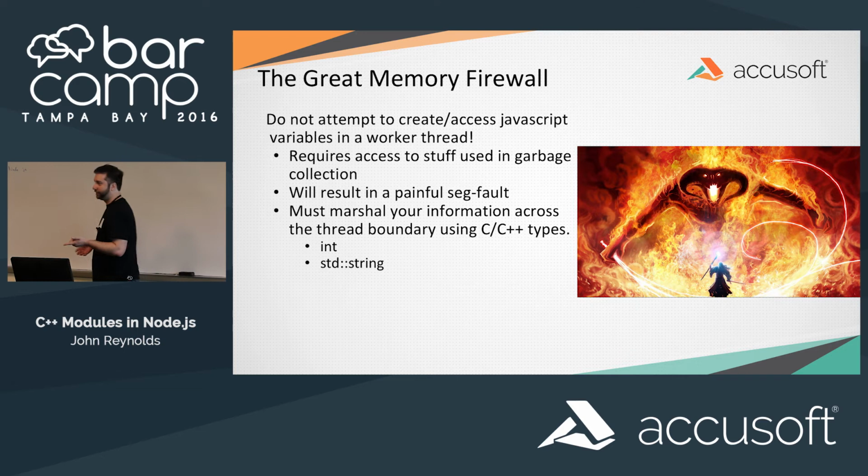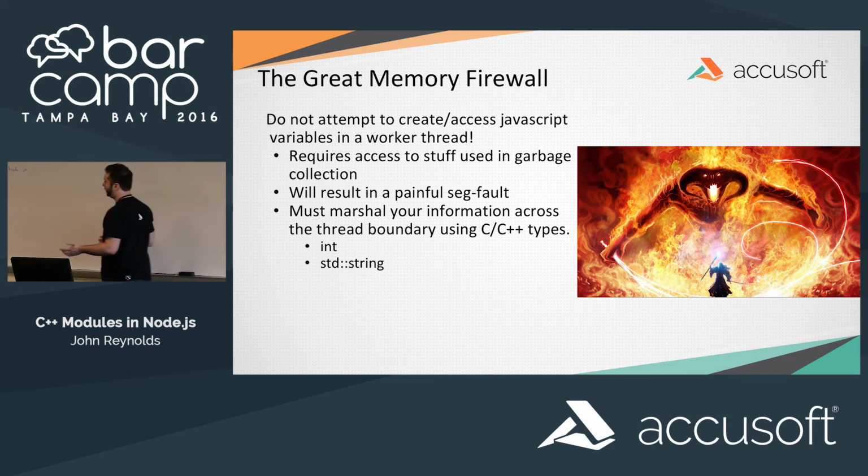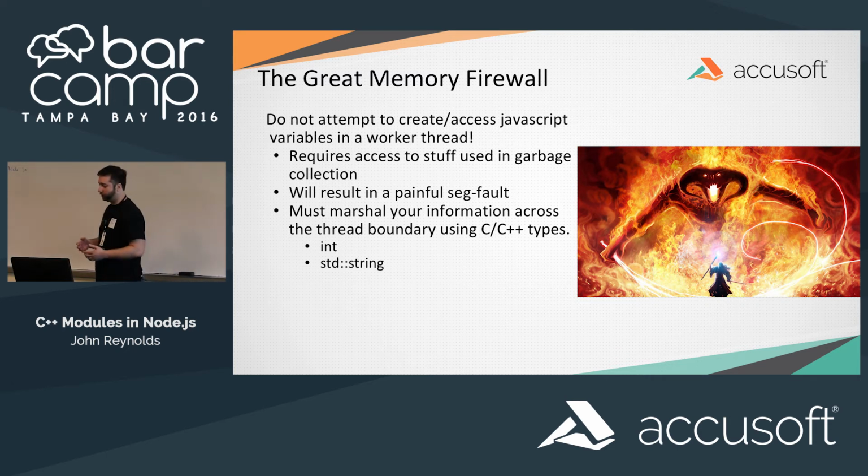Integers, strings, things of that nature. Send it across, do your calculation, and then send it back. Now, yes, this is overhead, but usually the performance gains you'll get by running your processor-intensive stuff in that C++ environment will usually be more than the overhead involved in marshalling.